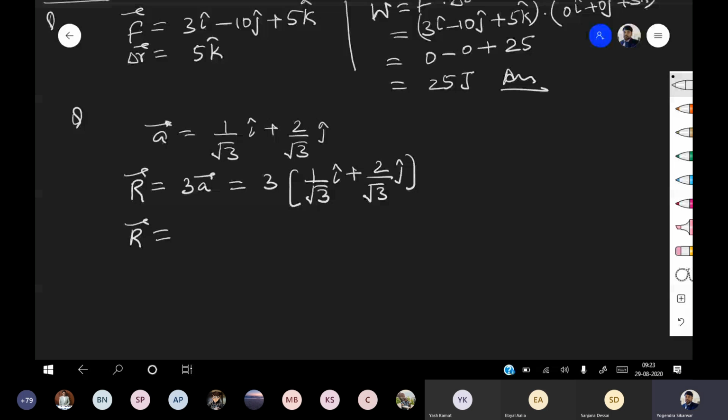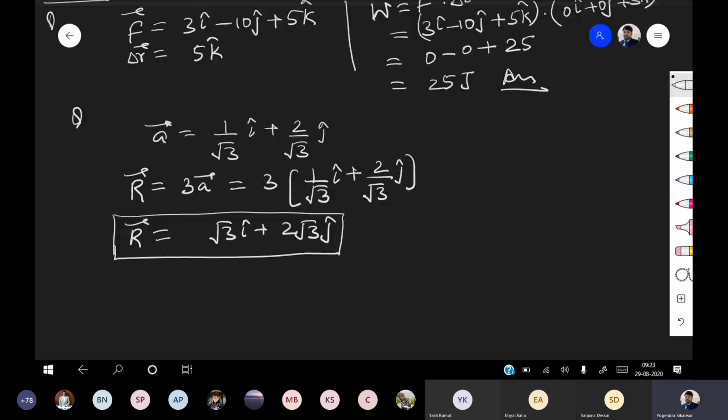And that becomes root 3 i cap plus 2 root 3 j cap. Have you seen root 3 shifting upward? Can you see that? So root 3 has shifted upward. Good. Next question.